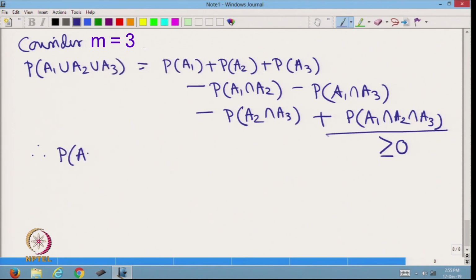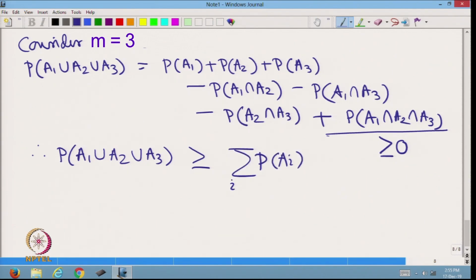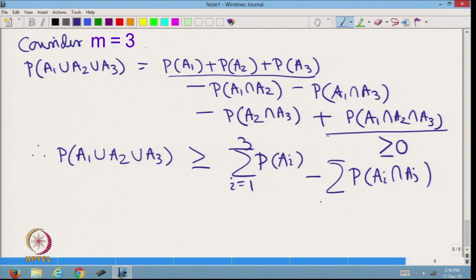probability of A1 union A2 union A3 is greater than or equal to sigma probability of Ai, i equal to 1 to 3, that is this part, minus sigma probability of Ai intersection Aj, 1 less than or equal to i less than j less than or equal to 3, because this part is greater than or equal to 0.